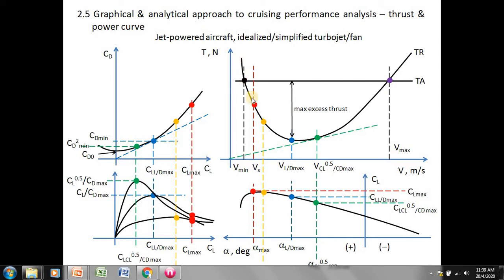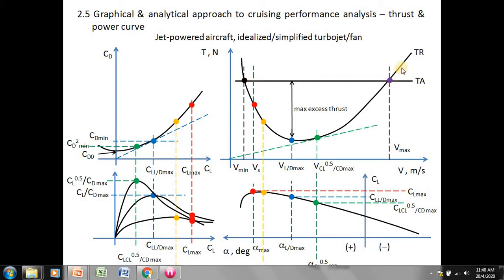This curve is the thrust required, which is basically the drag of the aircraft, and this straight line is the thrust available, which is basically the amount of force produced by the turbojet or turbofan engine.